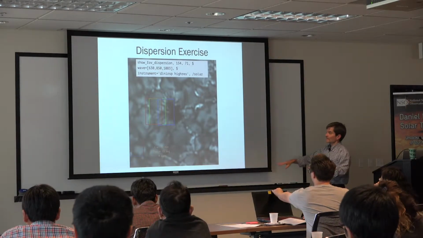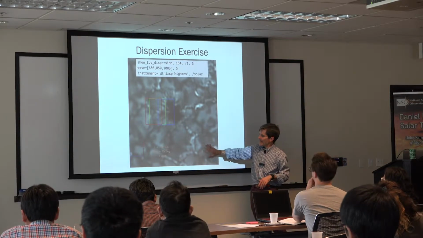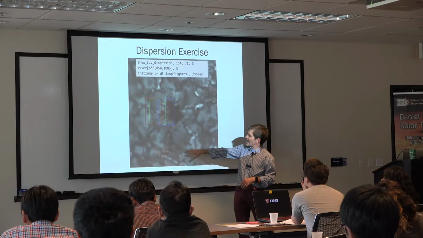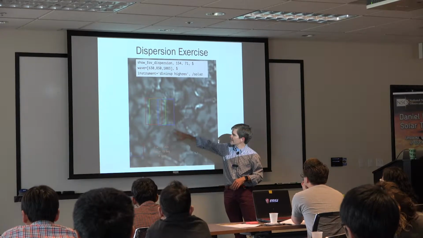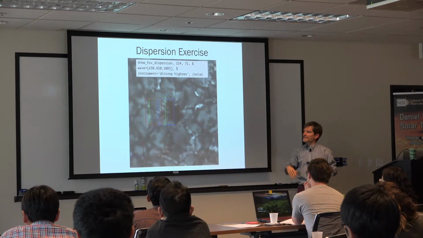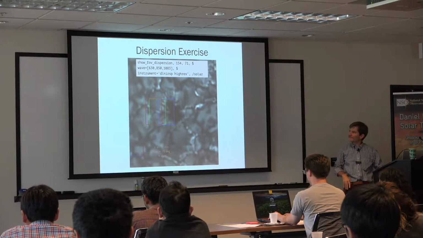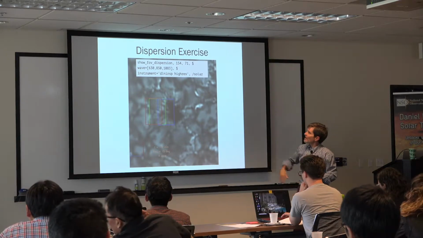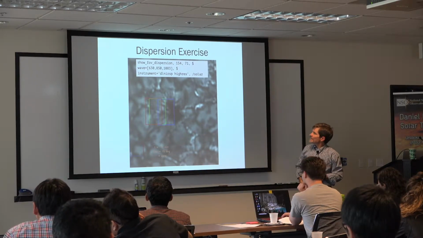And what it'll display in your X window is just one of these images here, like I was showing you before. It'll tell you the time and the elevation, which day, and show the three different boxes corresponding to the three different wavelengths you chose. So this is just a sample call, 100.